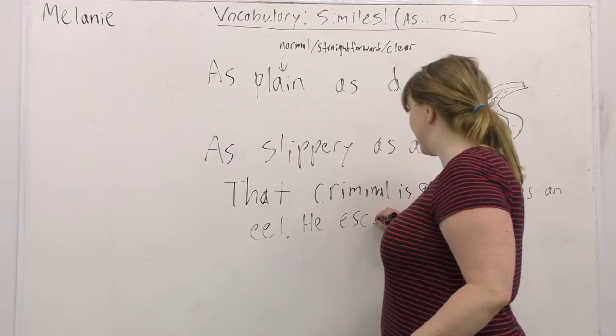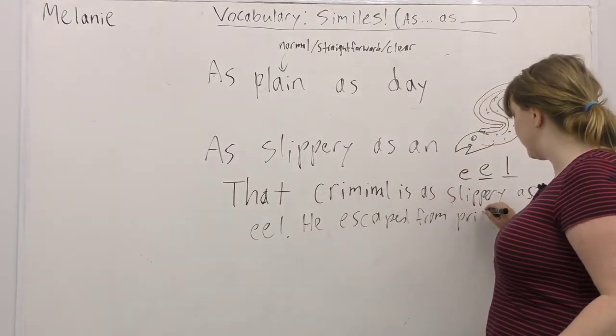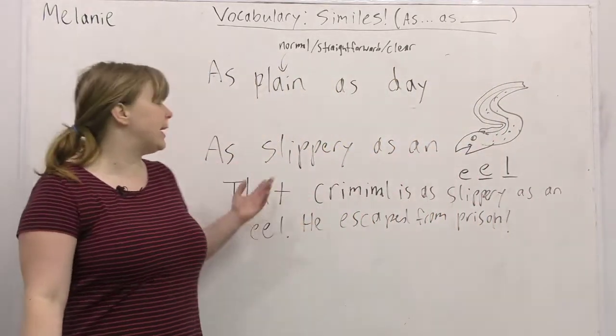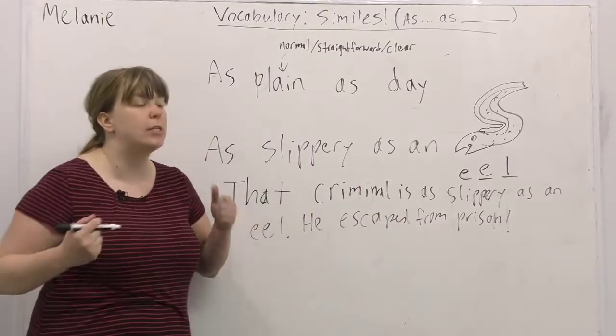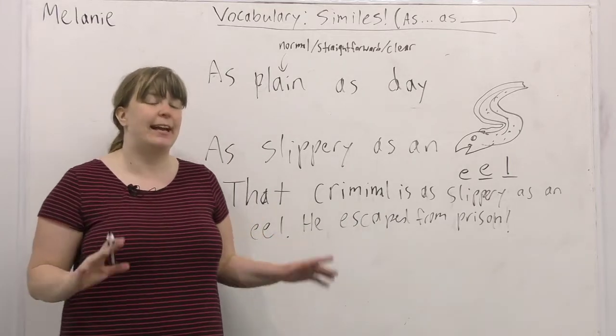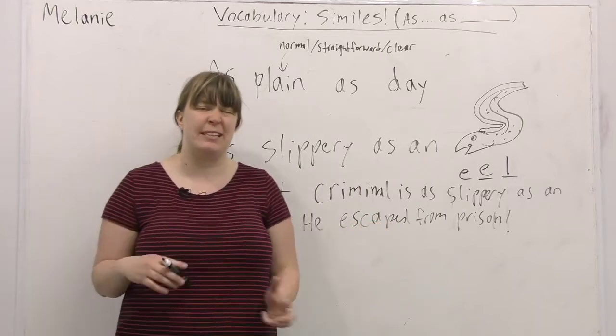He escaped from prison. So it also implies that maybe the criminal is very difficult to catch because he's so good at getting away. He's so sneaky and kind of dangerous. So that is what as slippery as an eel means.